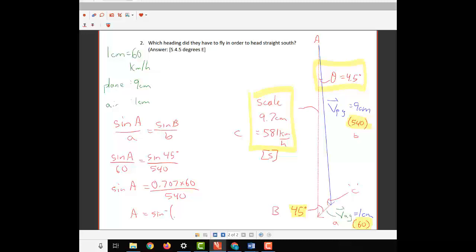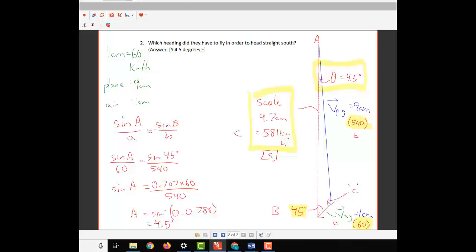So 0.707 times 60 divided by 540 is 0.0786. We take the inverse sine of that, we come to 4.5 degrees. So that matches up with what we have right here.